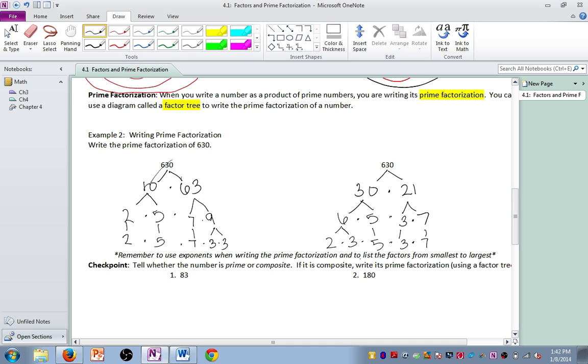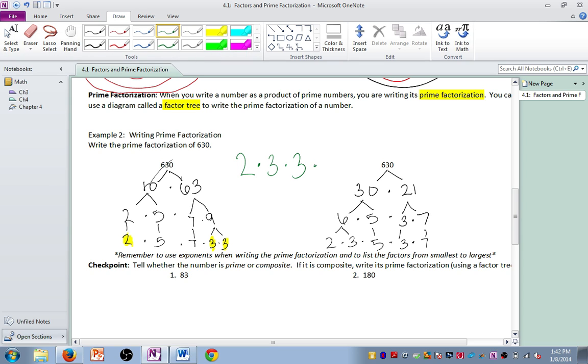Now it's taking them and listing them. When you're writing your prime numbers, you always want to start with your smallest prime number and list them from smallest to largest. So I'm going to start with my 2. And then I'm going to show that I'm multiplying that by 3. But because I have 2 3s, I need to write both of them.